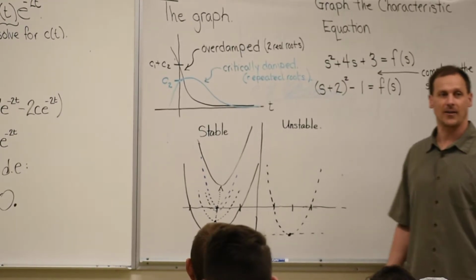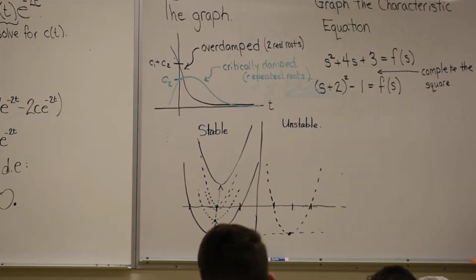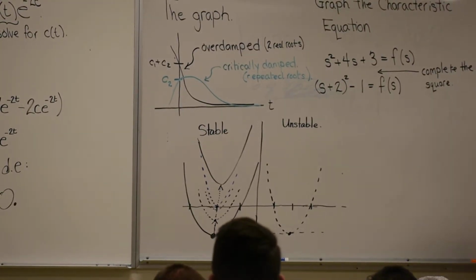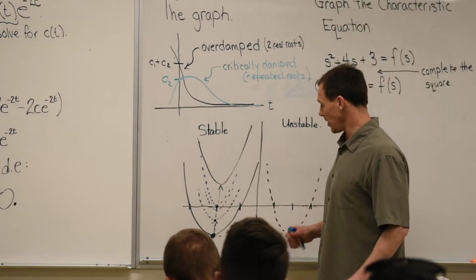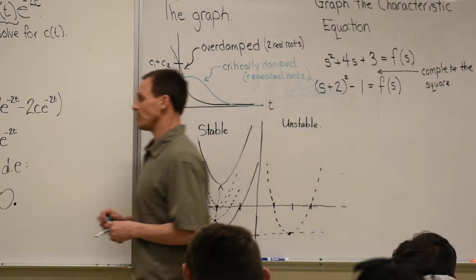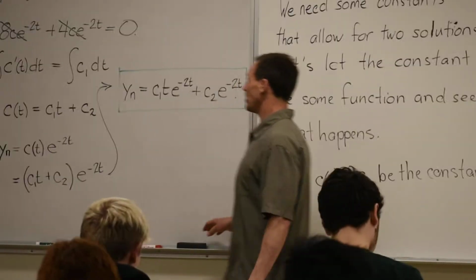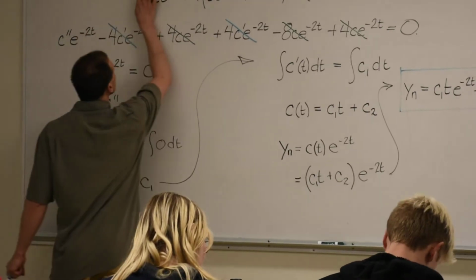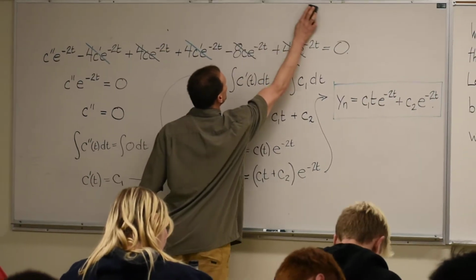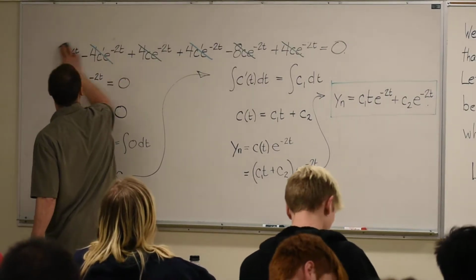What would I have now? Right, I have imaginary roots, and that's what we want to try next. So let's see what happens now if we have imaginary roots. So, back to the complex numbers.